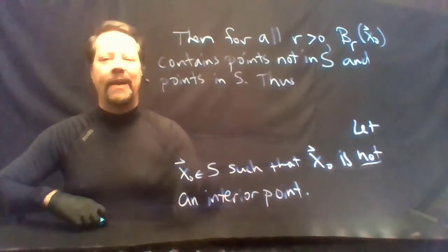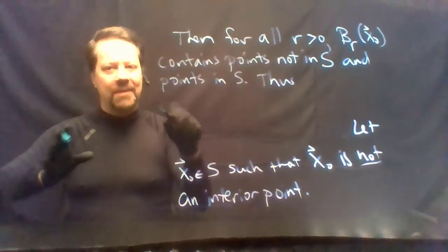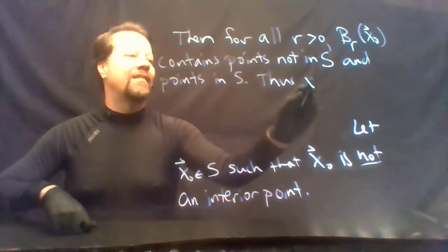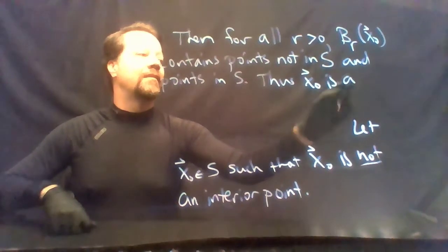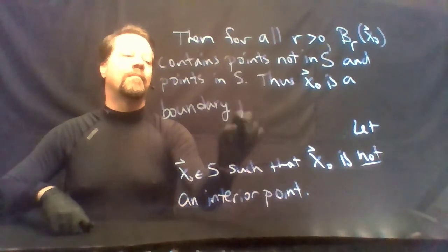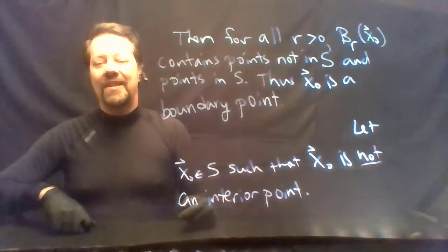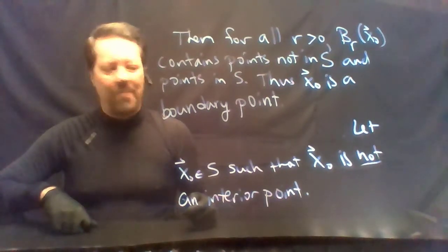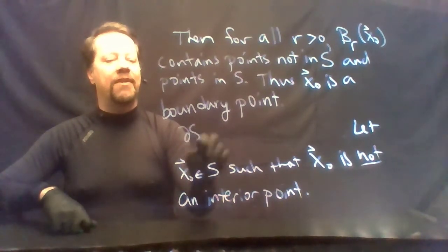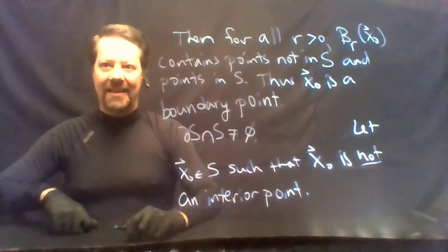What does that mean about the point x naught? Every open ball around it contains points in S and points not in S. It's a boundary point. So the set S has a boundary point in it. That means if you take the boundary of S and intersect with S, you don't get the empty set.